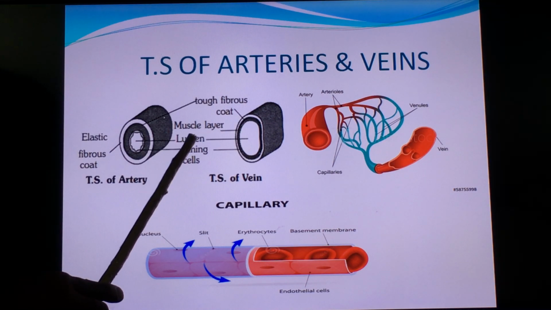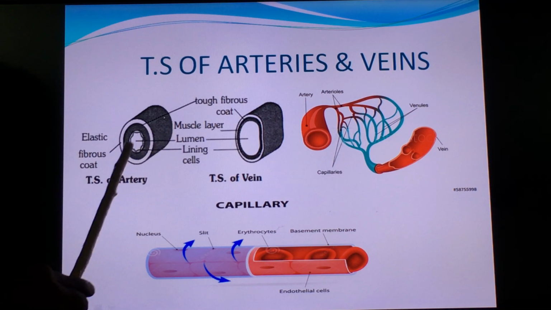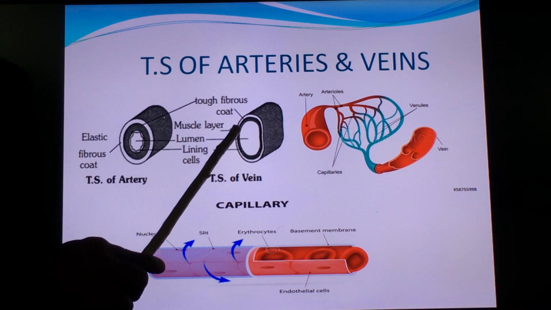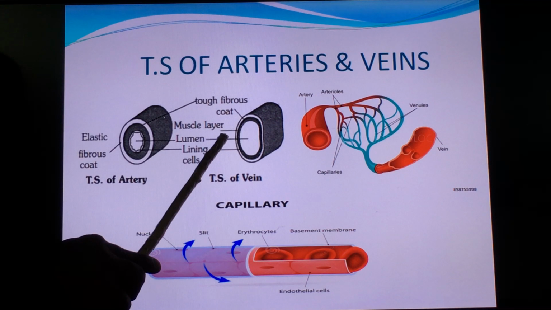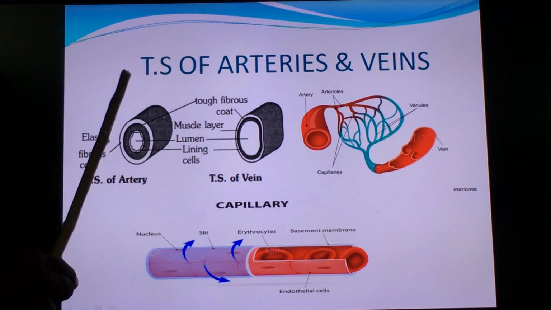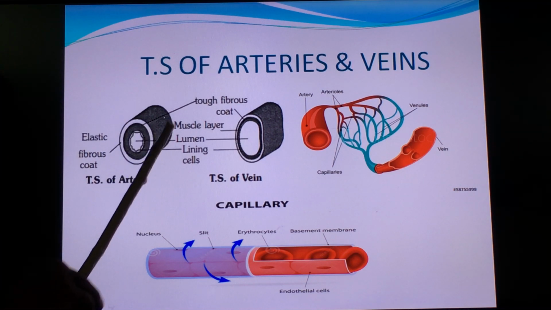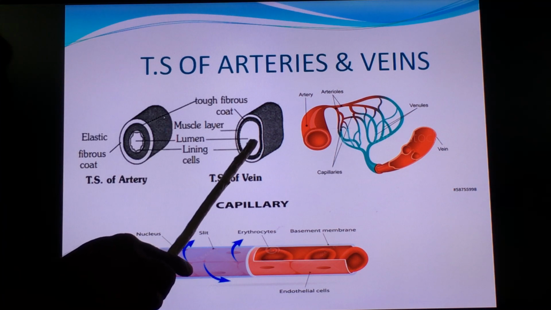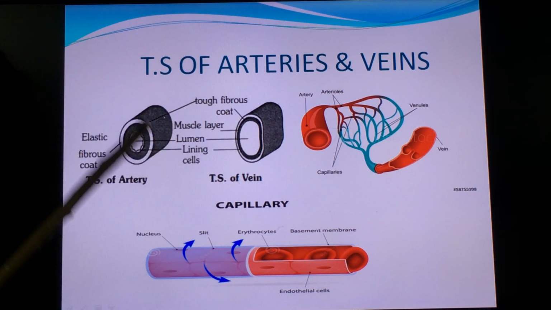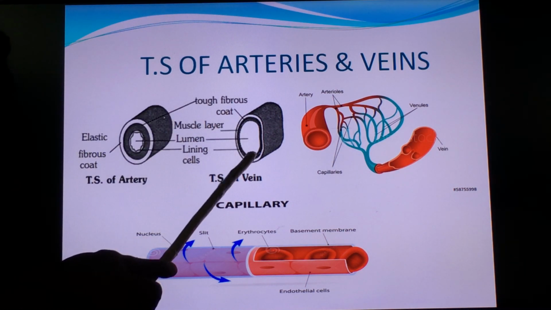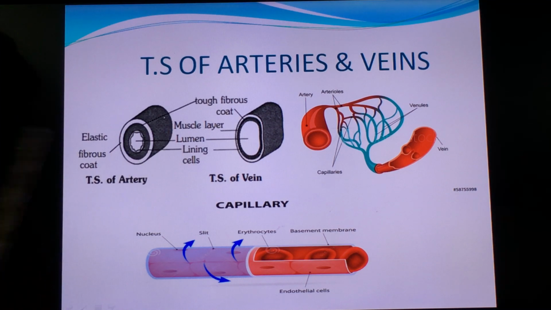Arteries can expand, veins cannot expand. Arteries have elastic fibrous coat, veins have tough fibrous coat. The elastic fibrous coat may expand when blood is present. When blood is present, they can expand. When blood is absent, they collapse. This is about arteries. Veins will not expand and will not collapse.